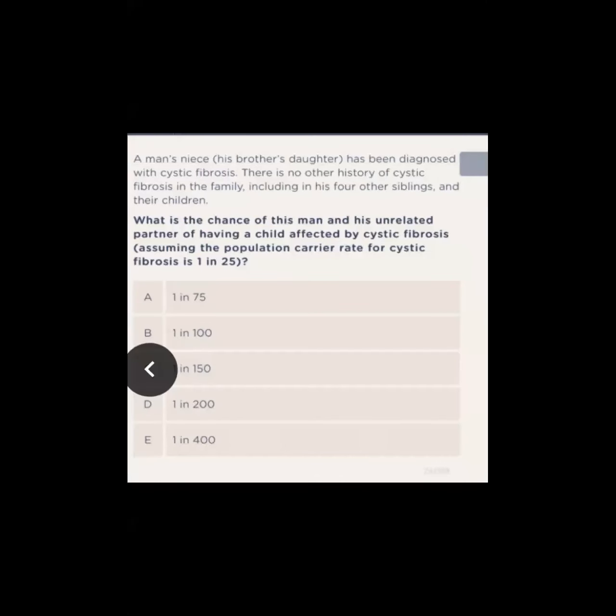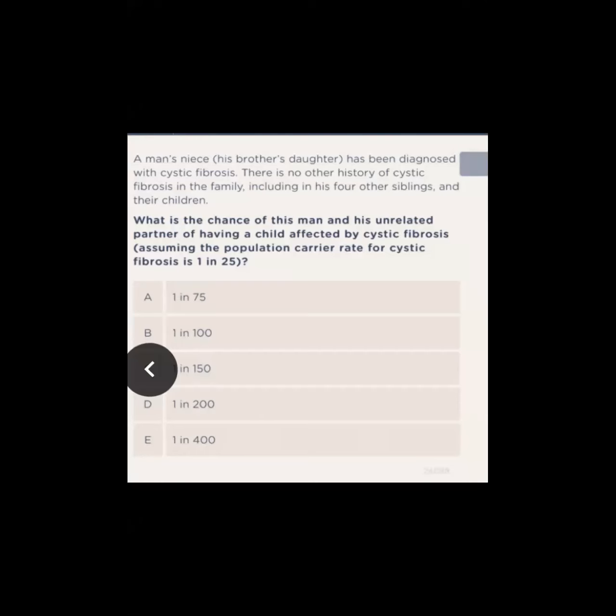The brother's daughter is affected, so he is the uncle, and she has been diagnosed with cystic fibrosis. There is no other family history in the family, including his 4 other siblings and their children. Now, if this man's wife is unrelated and she has no family history of cystic fibrosis, the population risk is 1/25. So how will you calculate this?